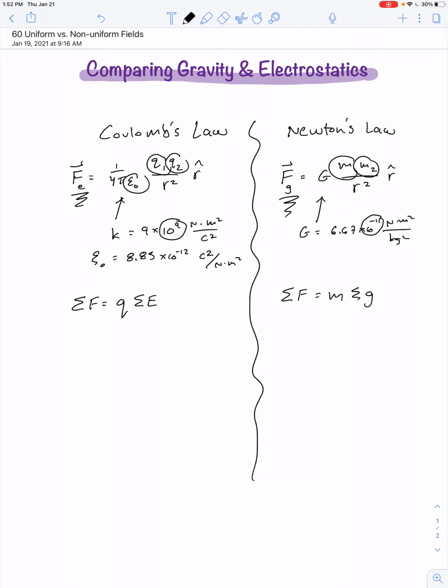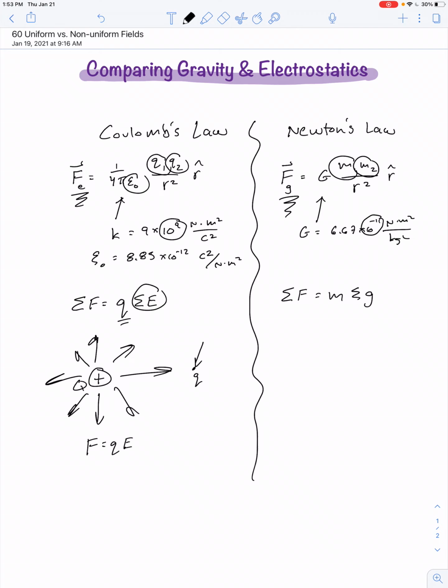Now, if there's just one monopole creating the electric field, maybe we'll call that charge capital Q, and we place this other charge, lowercase q, then we don't really have to say there's a net electric field. We can just say F equals qE.